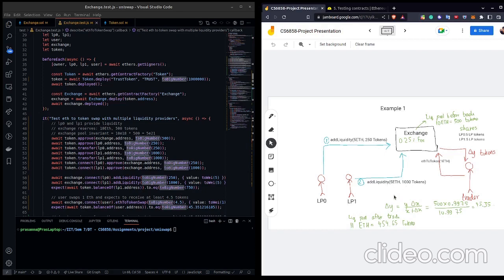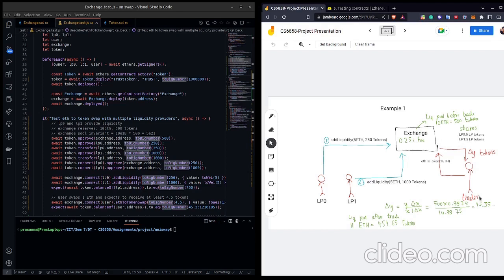But as the exchange rate is already set by the first liquidity provider, only 250 tokens are used out of these 1000, and 750 are returned back to LP1. Now the liquidity pool has 10 ETH and 500 tokens. The exchange invariant is 5000 and the shares are as given here. 5 LP tokens each are given to LP0 and LP1 as they have equal contribution in the liquidity pool.